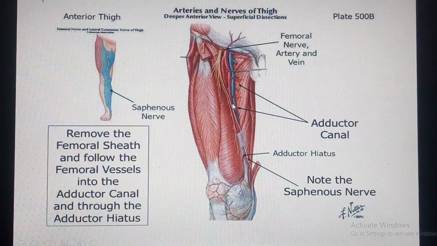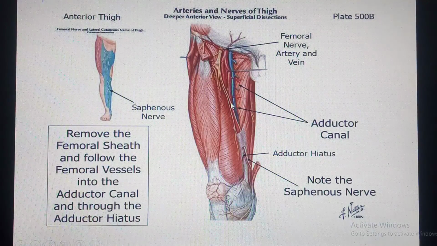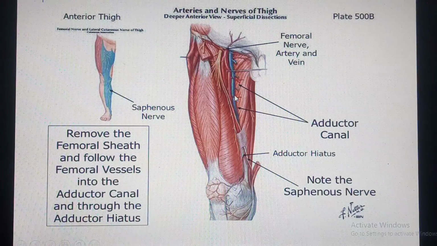Remember that in the femoral triangle, the femoral artery was lateral to the femoral vein. Now in the adductor canal, the femoral artery will be superficial and the femoral vein will be deep, running behind the femoral artery.